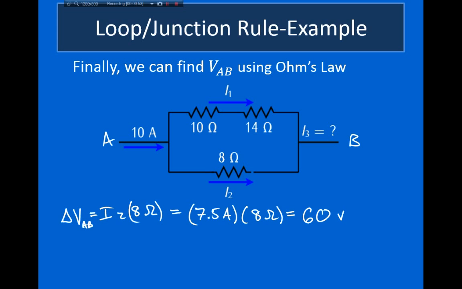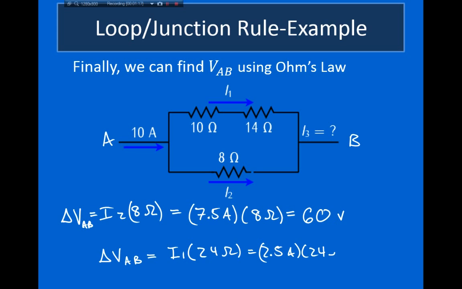Alternatively, we could calculate the voltage drop across these two resistors over the top, and we should wind up with the same thing. In fact, we could check that. The voltage drop across the top part of the loop is going to be equal to I1 times the total resistance between these two ends, which is 24 ohms. And that's equal to 2.5 amps times 24 ohms.